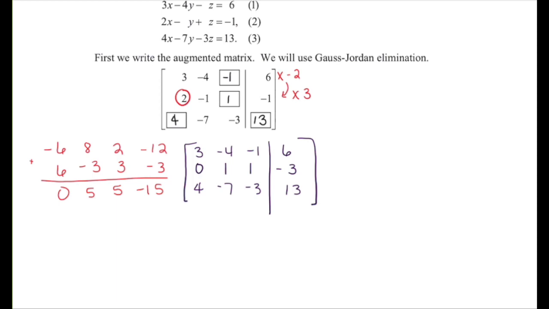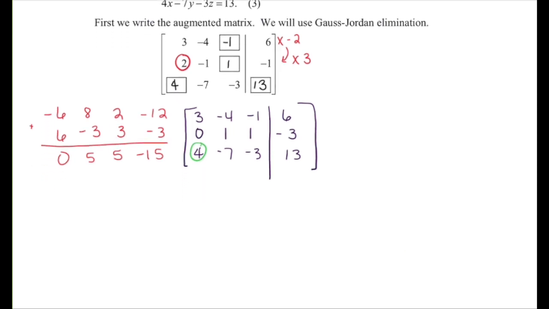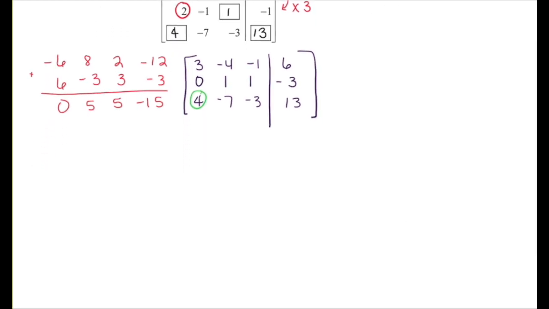Our next goal then is to obtain the 4 to be a 0. Again, working top to bottom, left to right. I'll need to multiply my top row by -4, and then add that to 3 times my bottom row.